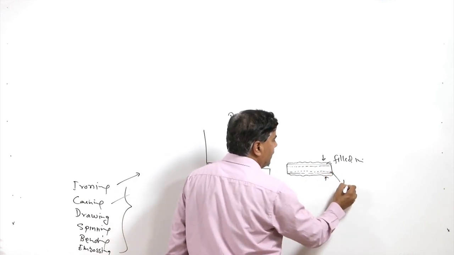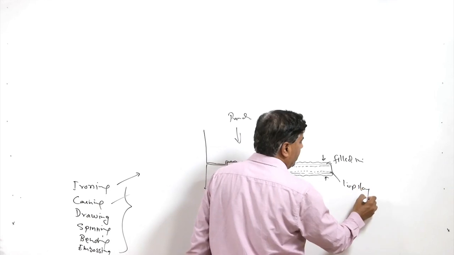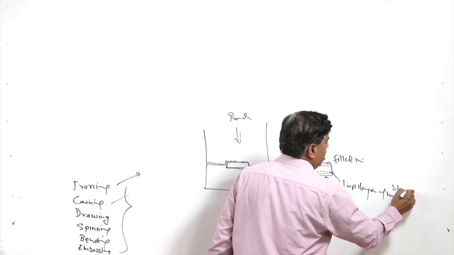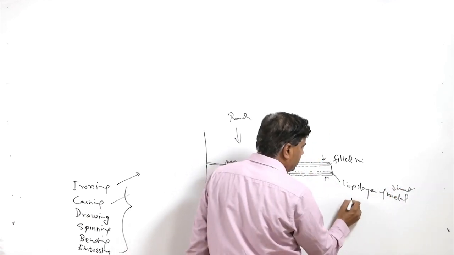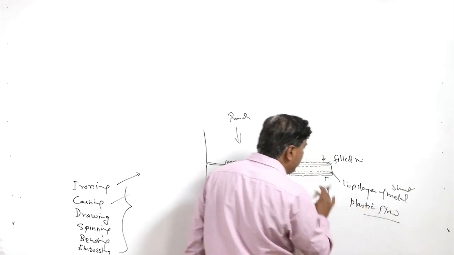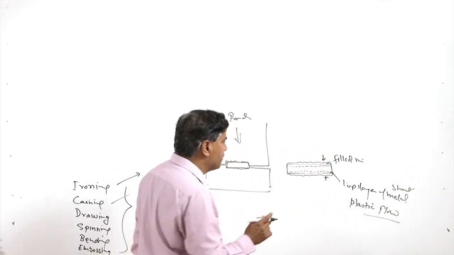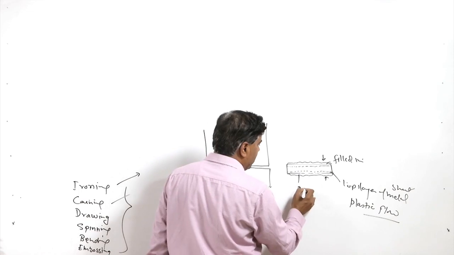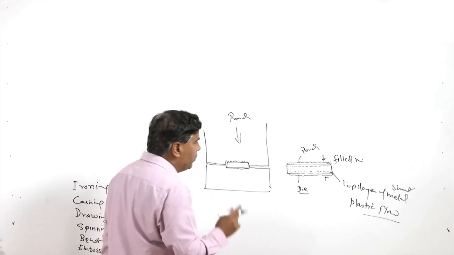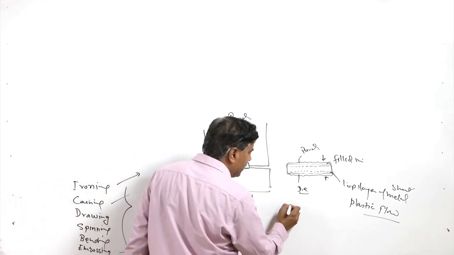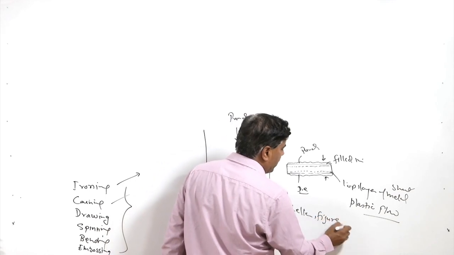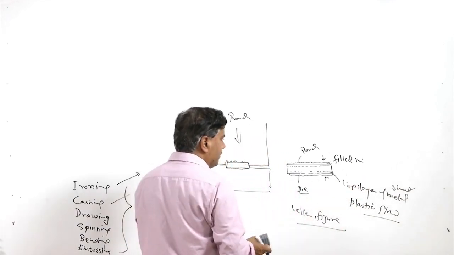So, basically the top layer of the sheet metal is subjected to significant plastic flow, which fills in the finer details present both in the die as well as in the punch side. This results in the development of the letters and figures which are required to be produced in the coin.